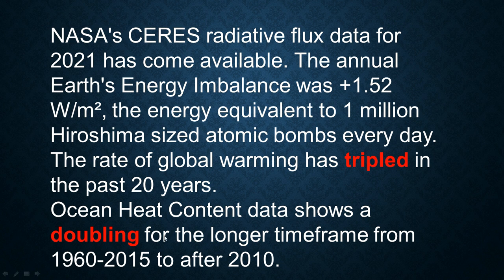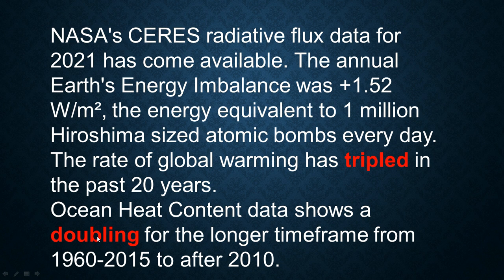Now look at what he's saying here. The rate of global warming has tripled in the last 20 years. Tripled. Ocean heat content data shows a doubling for the longer time frame from 1960 to 2015 to after 2010.